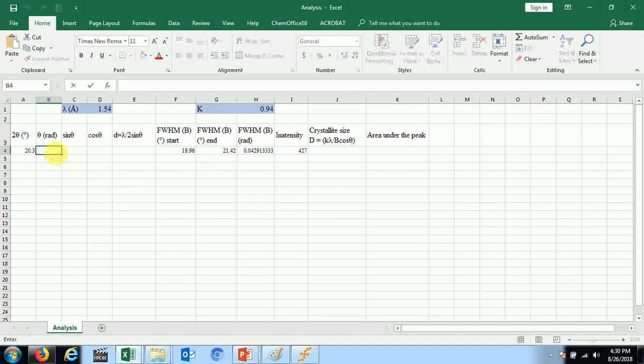So what is the theta value over here? Theta is 2 theta divided by 2, multiplied by pi divided by 180.